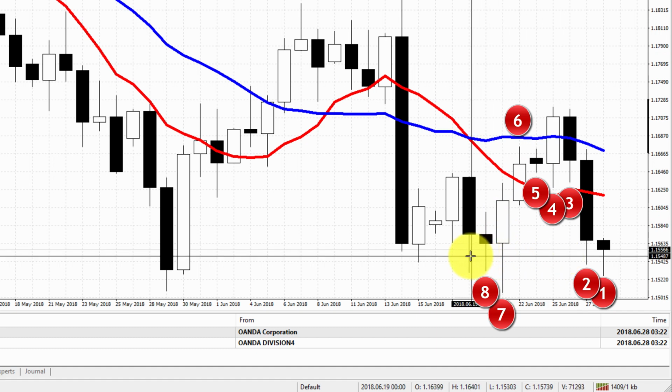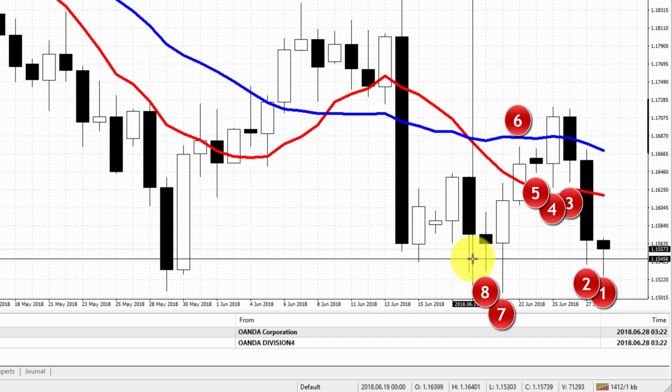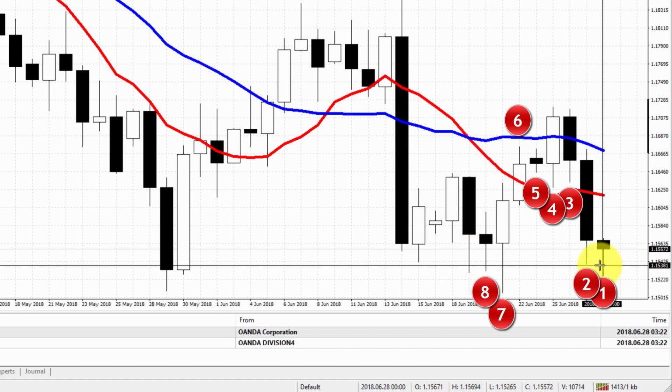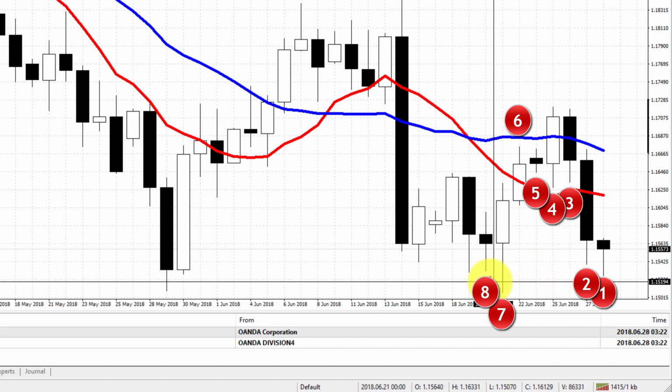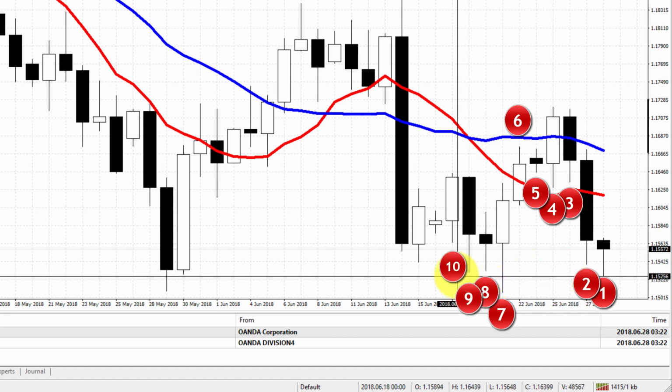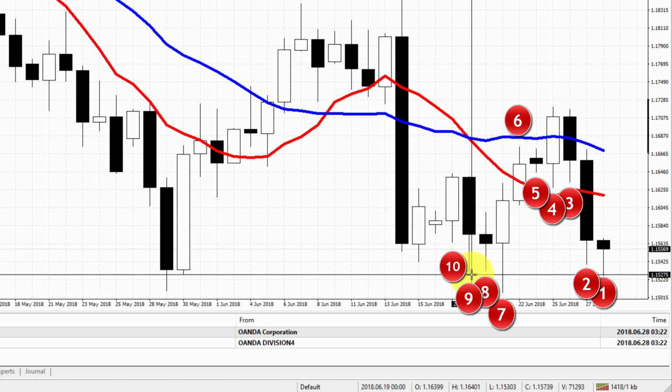Let's see. We have a crossover start like over there and it finishes on this bar. Yeah, okay, let's do the count. 1, 2, 3, 4, 5, 6, 7, 8, 9, 10. So on bar number 10, the crossover starts. It ends on bar number 9, and the entry would happen on bar number 8.